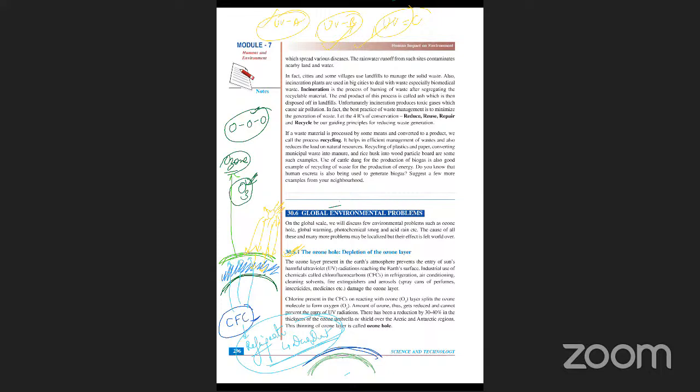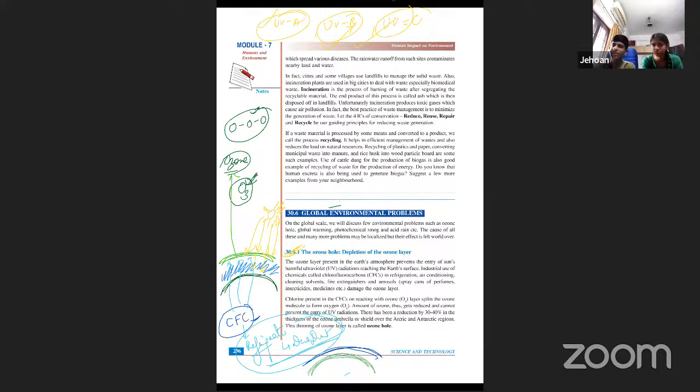The ozone hole, depletion of ozone layer. The ozone layer present in the Earth's atmosphere prevents entry of the sun's harmful rays. Industrial use of chemicals called chlorofluorocarbons in refrigeration, air conditioning, cleaning solvents, fire extinguishers, and aerosol spray cans of perfumes, insecticides, and medicines, etc., damage the ozone layer.